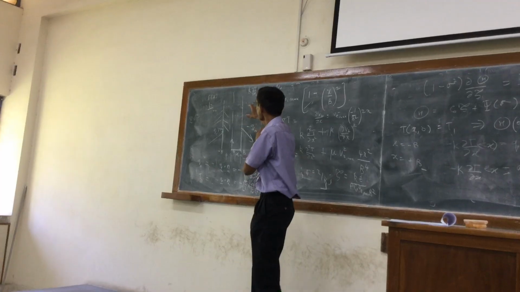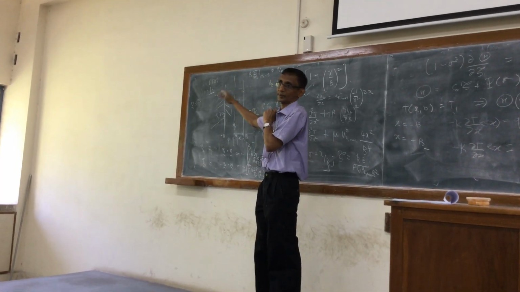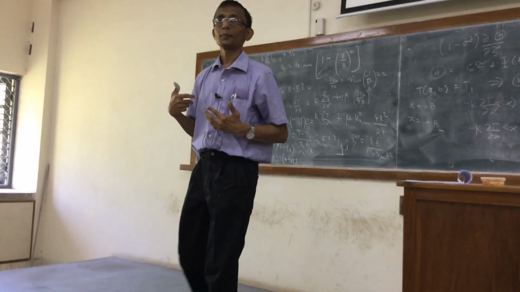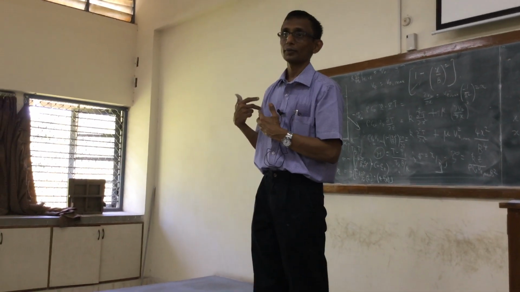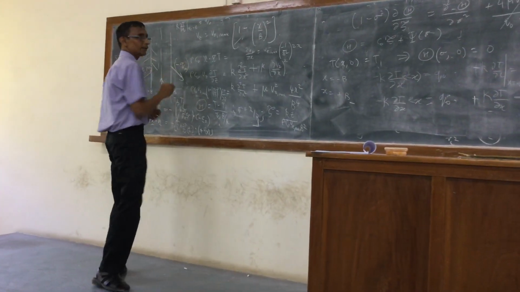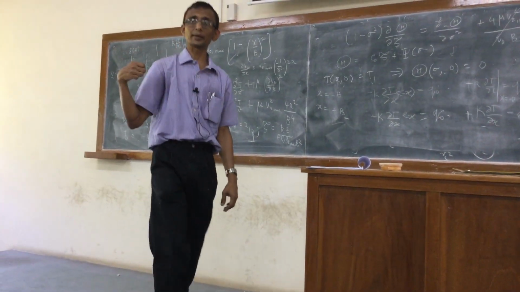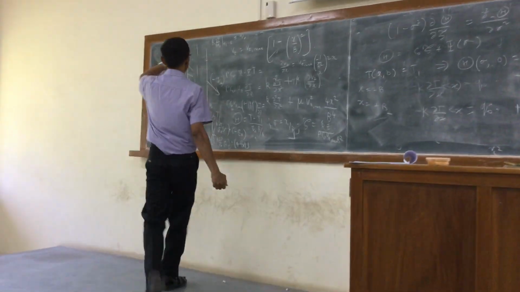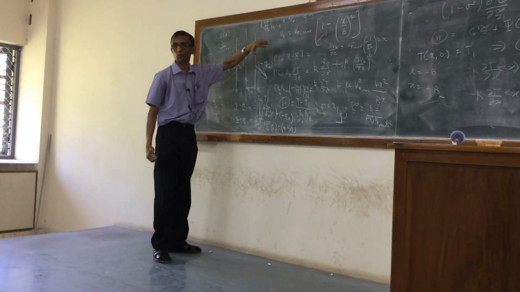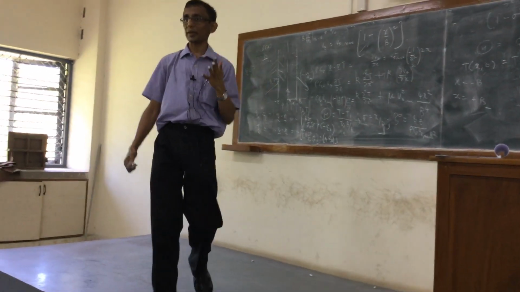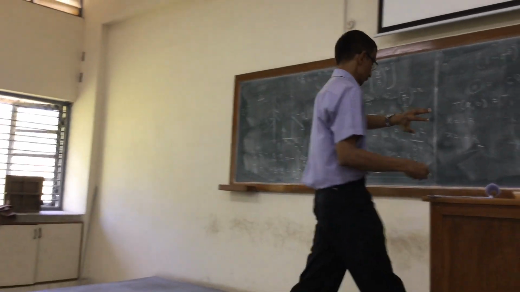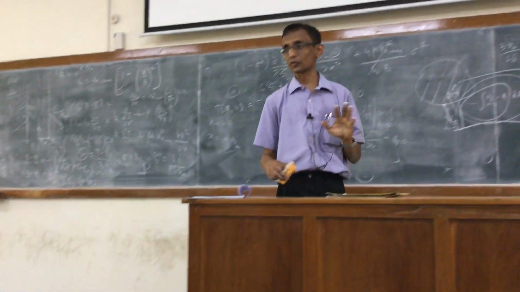But Q naught for us has the convention that Q naught greater than 0 means it is being heated from outside, and Q naught less than 0 means that it is being cooled. Cooling is being provided from outside. So I would rather make this minus Q naught as the amount of heat that is being removed, and then consider what would be the heat transmitted to the surface from the fluid. You can verify then that the boundary conditions will remain the same. That is the answer to the question of the boundary condition.